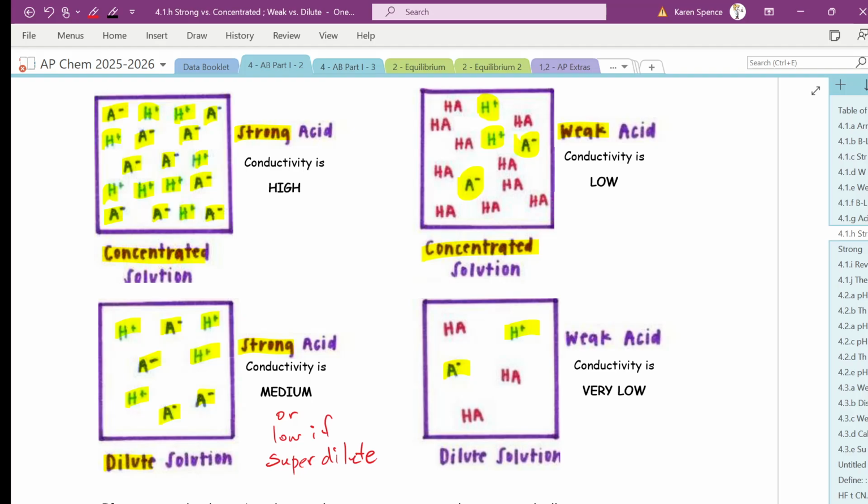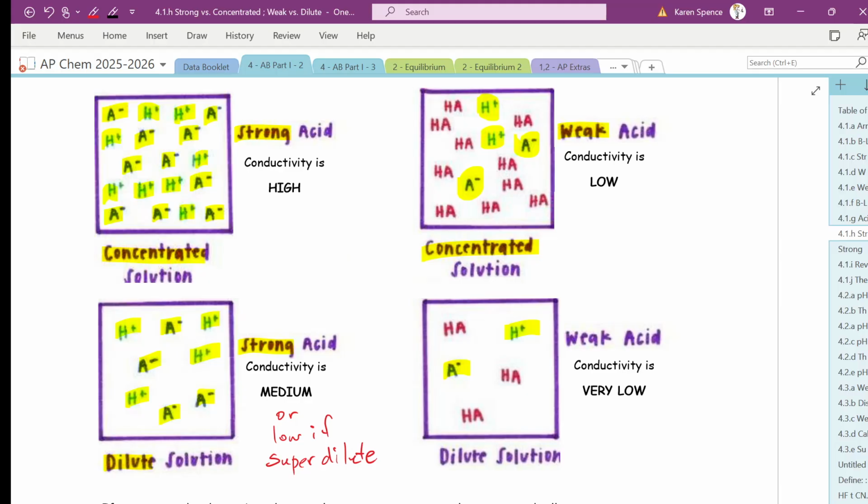Okay, so let's take some of our 0.1 molar and put about 10 mils in here.